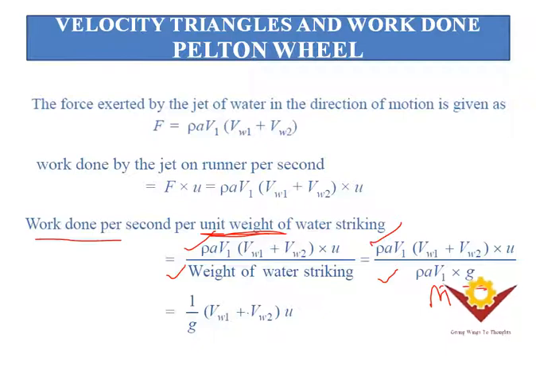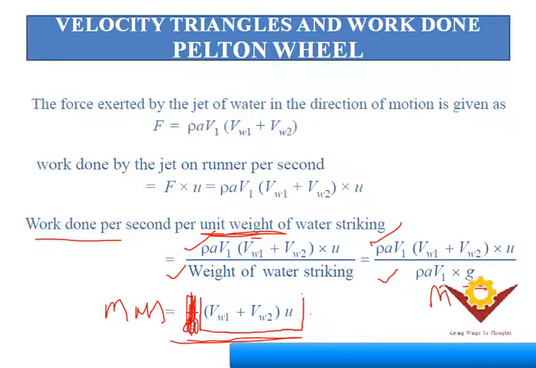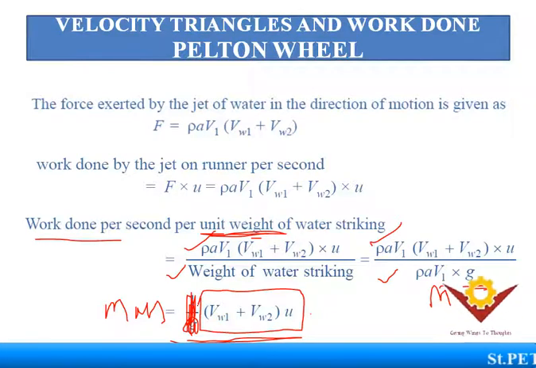After simplifying this, what you're going to get is 1 by g (VW1 plus VW2) into u, and this is the formula for work done per second per weight. If you want to write work done per second per mass, you just neglect this, and this term will be work done per second per unit mass.